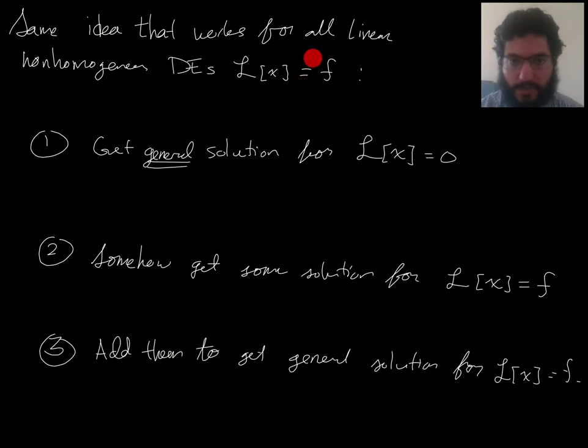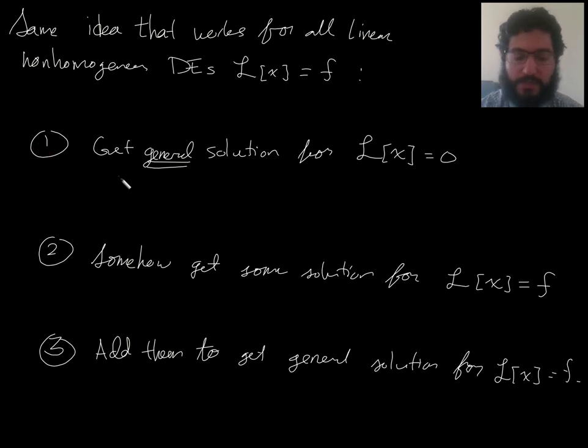Step 1, if you want the general solution to this, get the general solution to the homogeneous differential equation. Step 2, somehow get some solution to the non-homogeneous. And step 3, add them, and then you'll get the general solution to the non-homogeneous. So this always works just for all linear differential equations. The problem is that steps 1 and 2 might be hard, right?